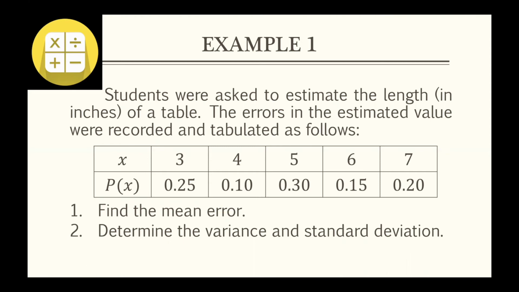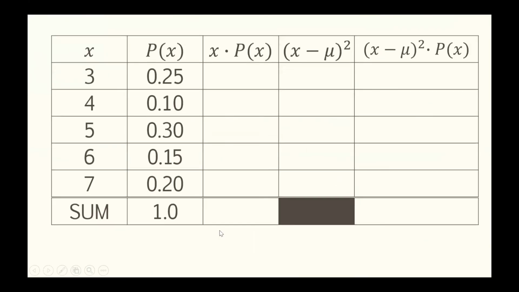Let's use the first method in solving for the mean and variance by constructing a table. In the first two columns, we have x: 3, 4, 5, 6, 7, and its corresponding probabilities: 0.25, 0.10, 0.30, 0.15, and 0.20.